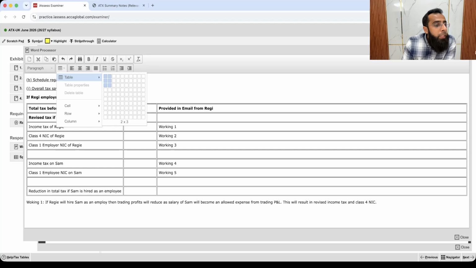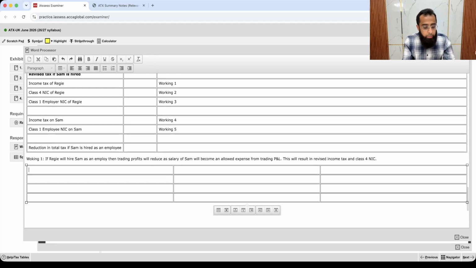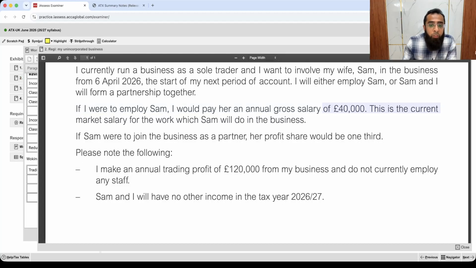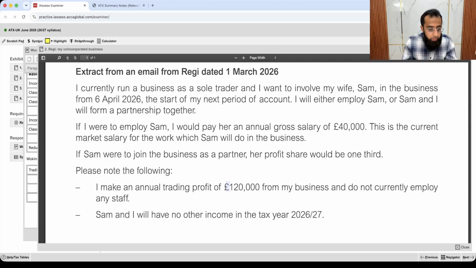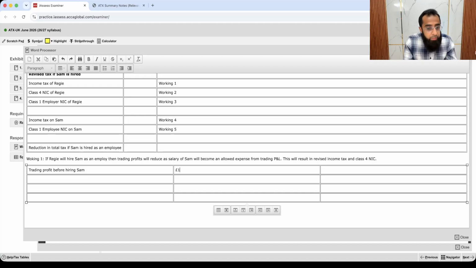Now, how much will be the income tax? Okay, if I look at it, my trading profit before hiring SAM, that was given in the question, was 120,000 pounds. So I will copy the pound sign. Here I go. My profit before hiring SAM was 120,000 pounds.